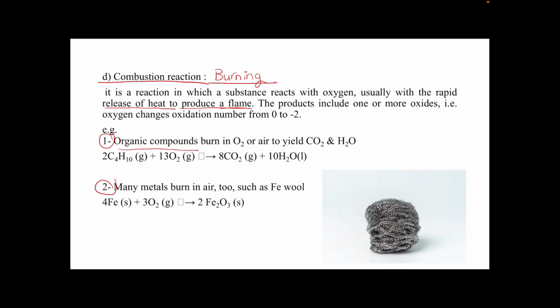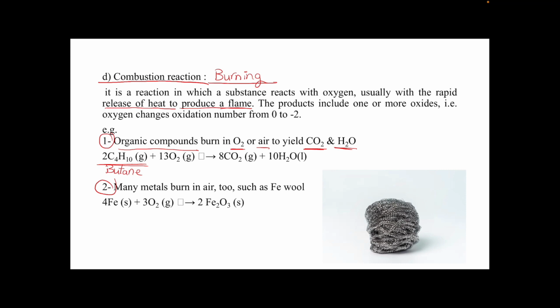Let's check two main examples. Number one, organic compounds burn in oxygen or air to yield carbon dioxide and water. Any organic compound. Like what? Like butane. Butane gas is the gas used in houses for cooking.